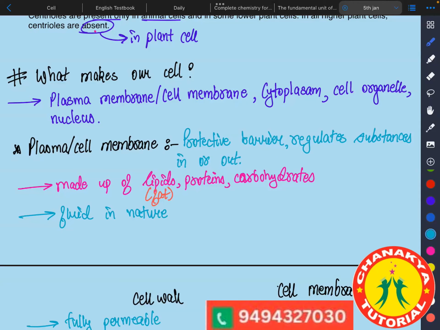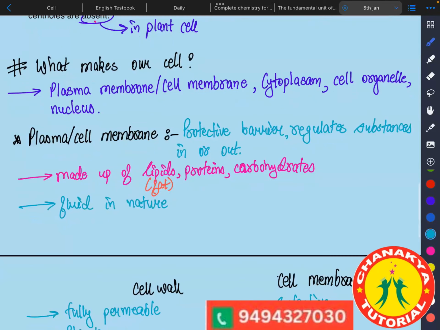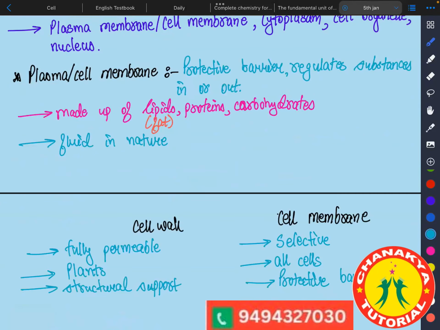Sir, also the plasma membrane is a bilayer, which means one of the layers is hydrophilic and the other one is hydrophobic. Okay, I will read about it, but I don't think it is there in your 8th class NCERT.